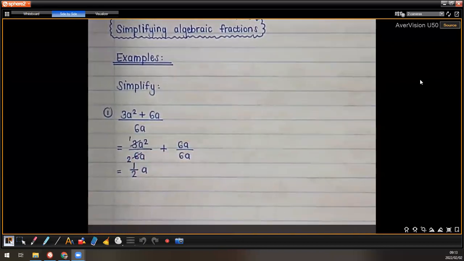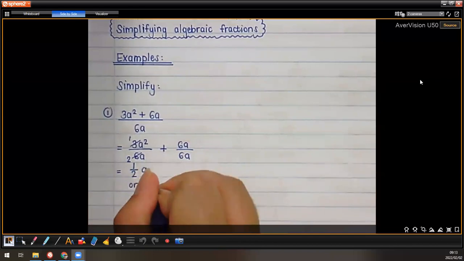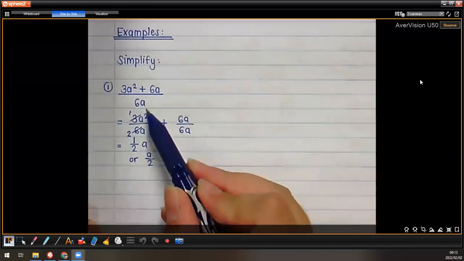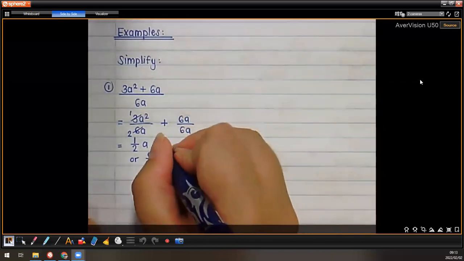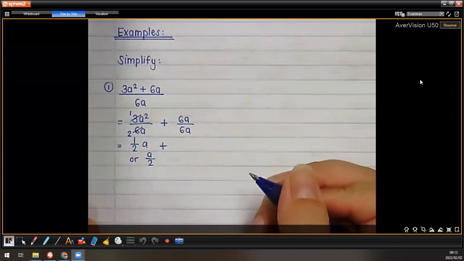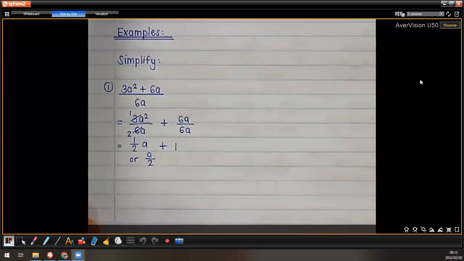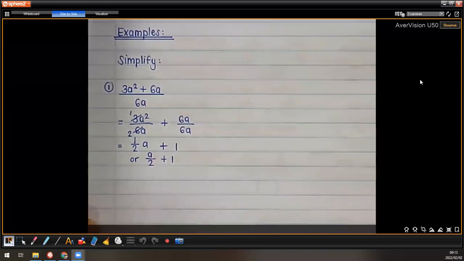Remember that? A squared divided by a is a. You can write a half a, or you can write it as a over 2. It's up to you. Both are saying the same thing. All right, that is what we get when we simplify that fraction. And for the next one, what is 6a divided by 6a? 1. Right, so you could write it as a half a plus 1, or you could write a over 2 plus 1.